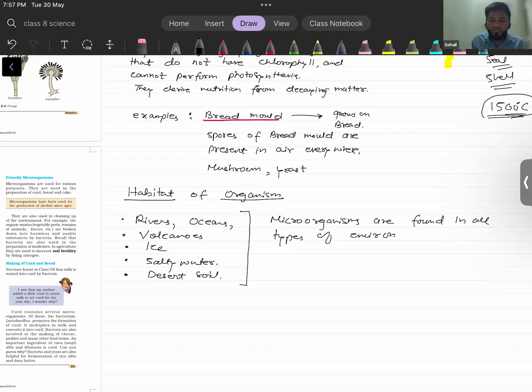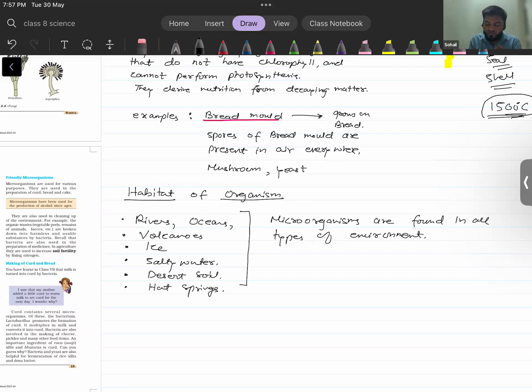Right, Ahmed? What could these environments be? It could be rivers, volcanoes, ice cold waters, or hot springs. You know what hot springs are? Warm water that gushes from the ground is called a hot spring. So they are found to be living in such environments.